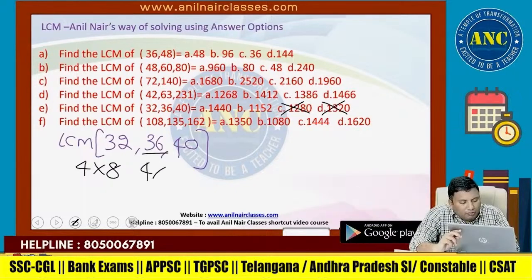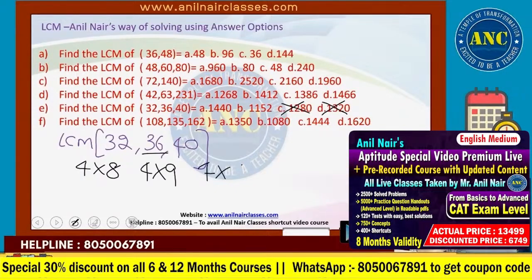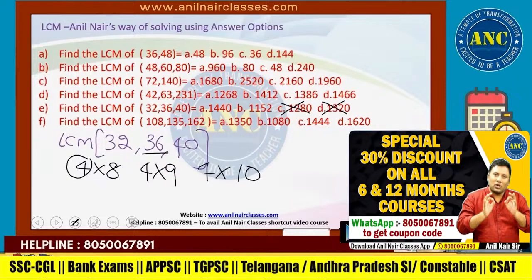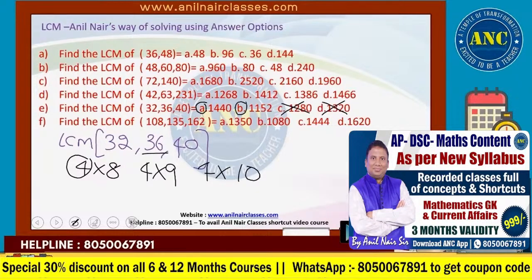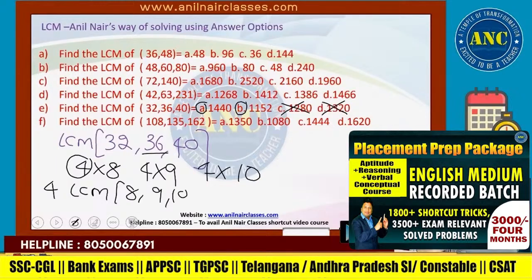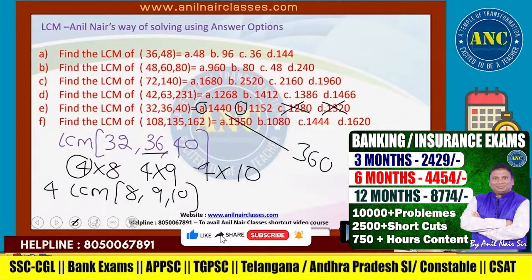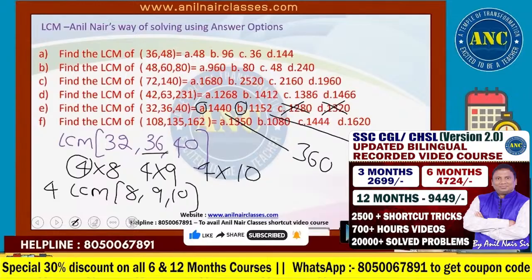4 8s are, 4 9s are, 4 10s are. 4 is taken out. In all the cases it is divisible by 4. LCM of 8, 9 and 10. If 4 is taken out, 1440 by 4 is 360. 1152 by 4 is 288.